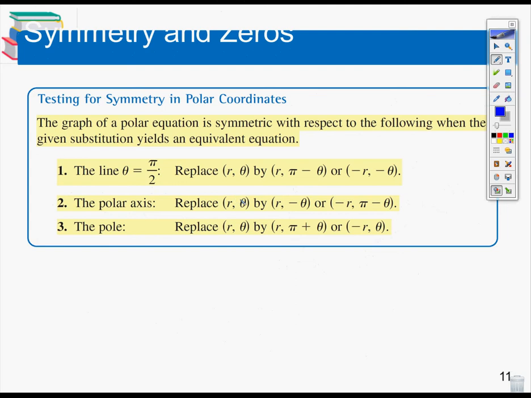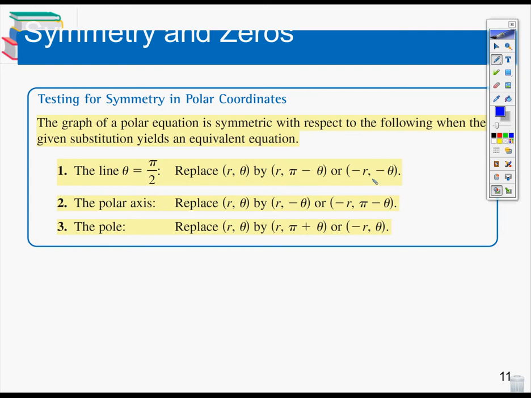Alright, and there are different ways that we can test for it. To test whether something has symmetry over pi over 2, we basically just replace r and theta with r and pi minus theta, or negative r, negative theta.